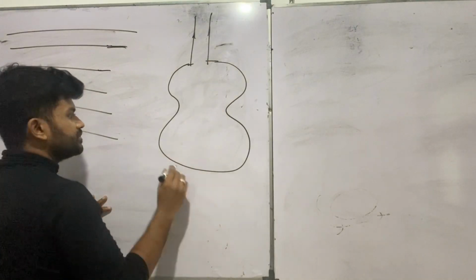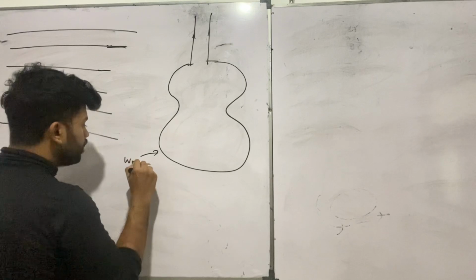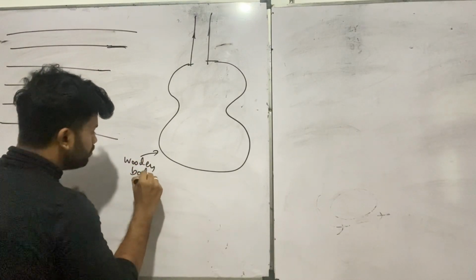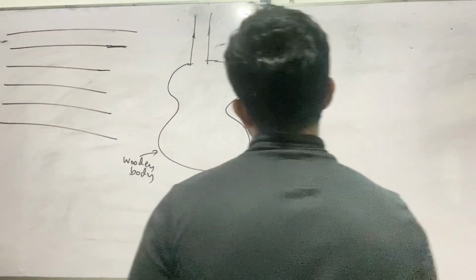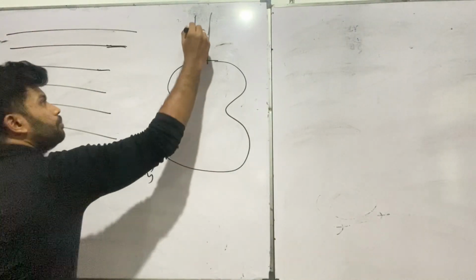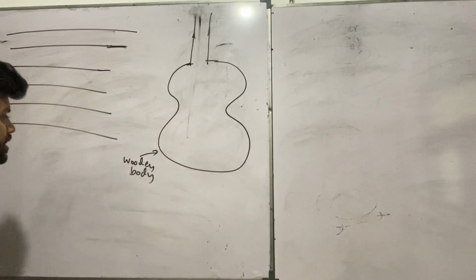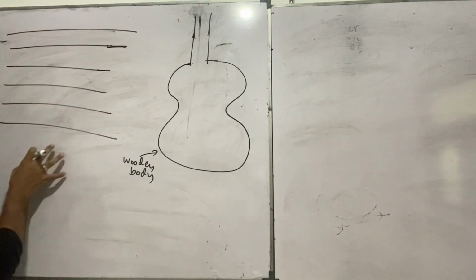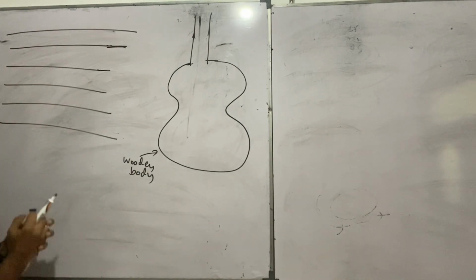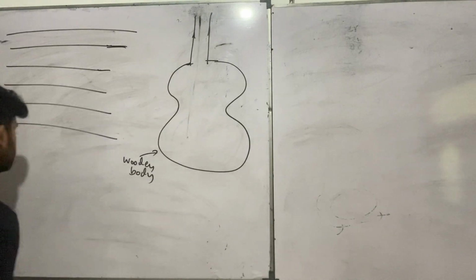But why this wooden body or wooden box part? What's the use of it? Why do we use it as a part of this instrument? Those are my concerns today, and also how they form this sound. That's the first part I have to discuss today.